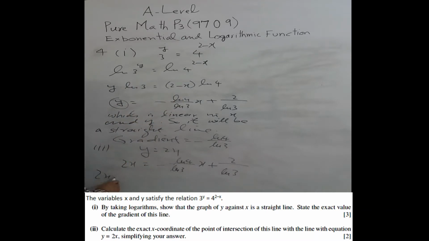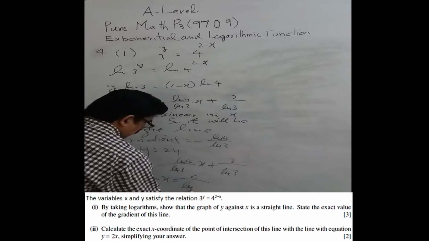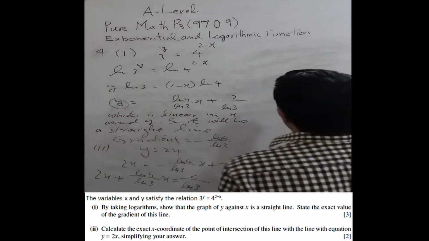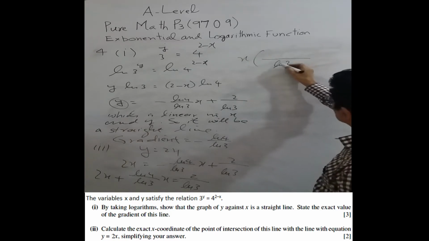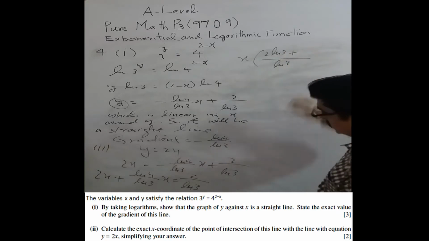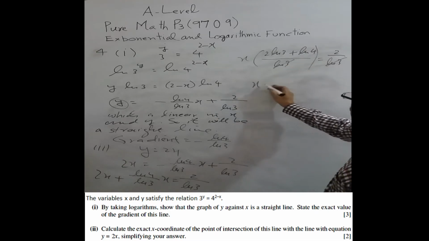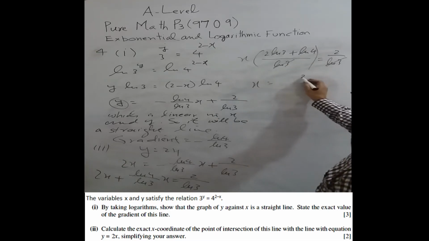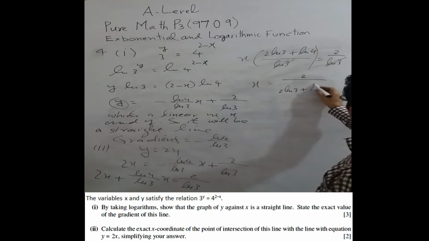Shift to the left, taking x common and also taking LCM, ln 3 plus ln 4, and this is equal to 2 over ln 3. ln 3 is cancelled out, and we have x is equal to 2 over 2 ln 3 plus ln 4.